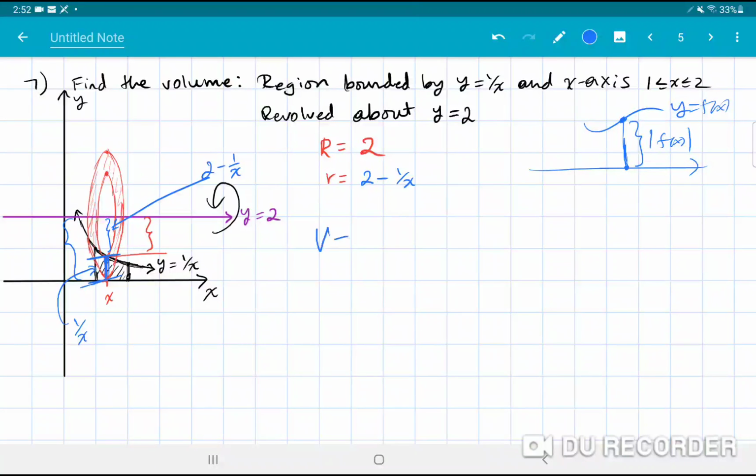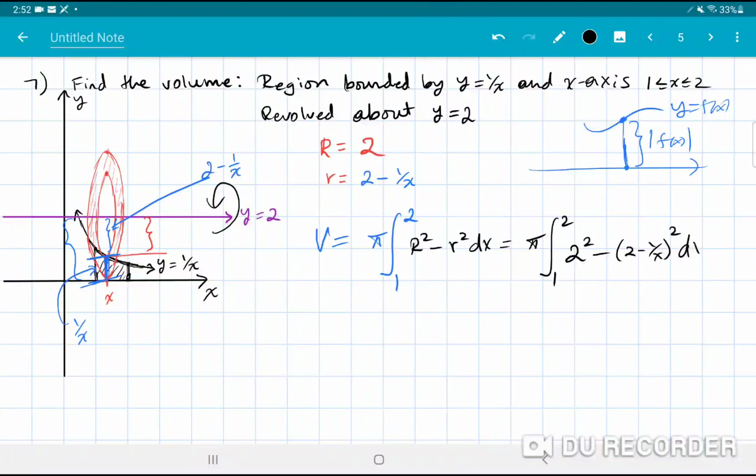So then the volume becomes pi, the integral from 1 to 2, because x could be anywhere from 1 to 2. So x can be anywhere from 1 to 2, because we're swiping from left to right, of big R squared minus little r squared dx. In this case, pi, integral from 1 to 2 of 2 squared minus the quantity 2 minus 1 over x squared dx.